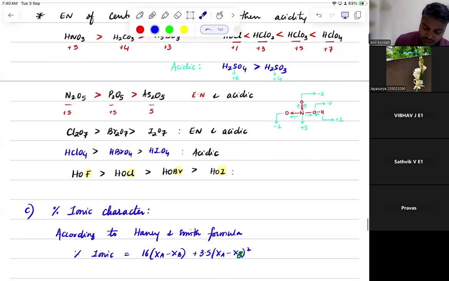Next, oxides follow the same logic. Down the group, if you compare the electronegativity, phosphorus is more, so that will have more acidic nature. Cl2O7, if you add it to water, becomes HClO4, which is a stronger acid compared to HBrO4 or HIO4.